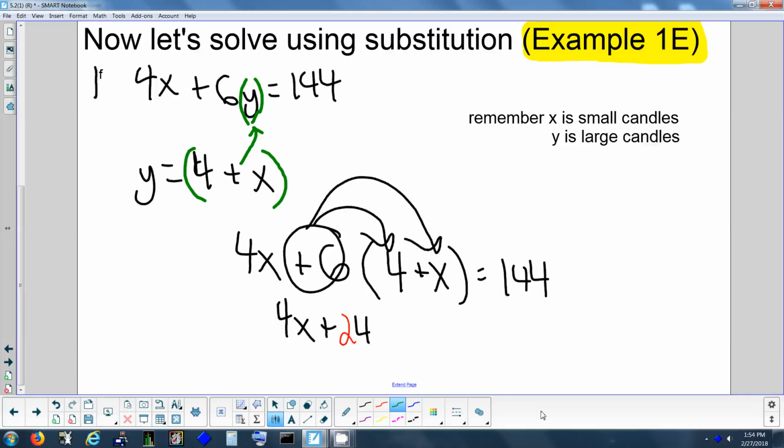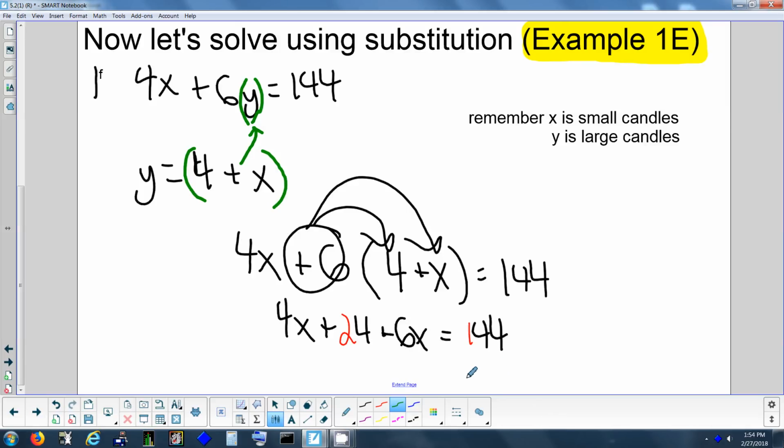Positive 6 times positive 4 is positive 24. Now I'm going to distribute to the second thing. What will I get? I'm just going to get 6x, because there's a 1x. 6 times 1 is 6, and I just put the x with it. And that equals 144.